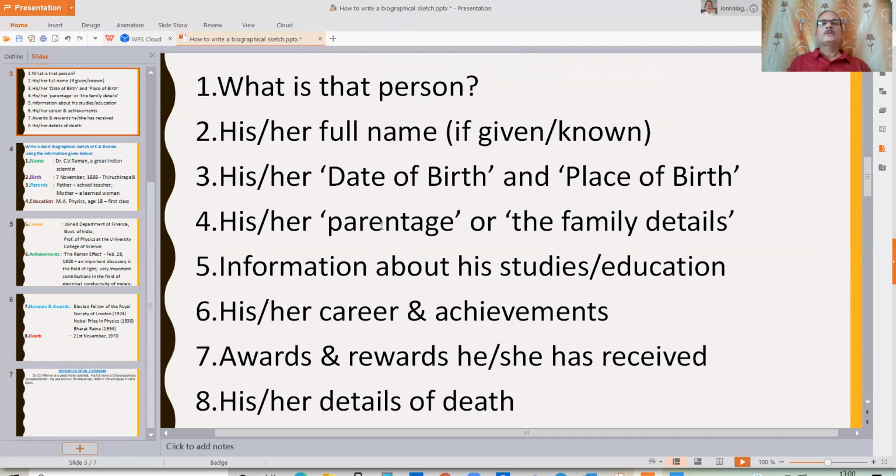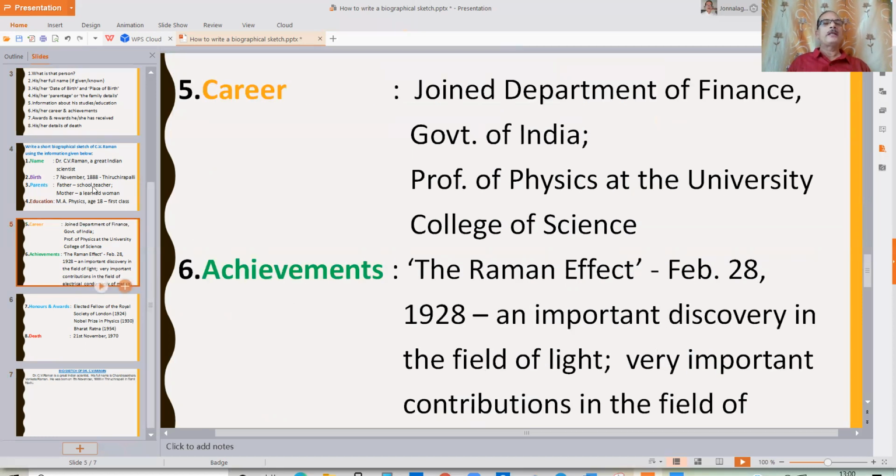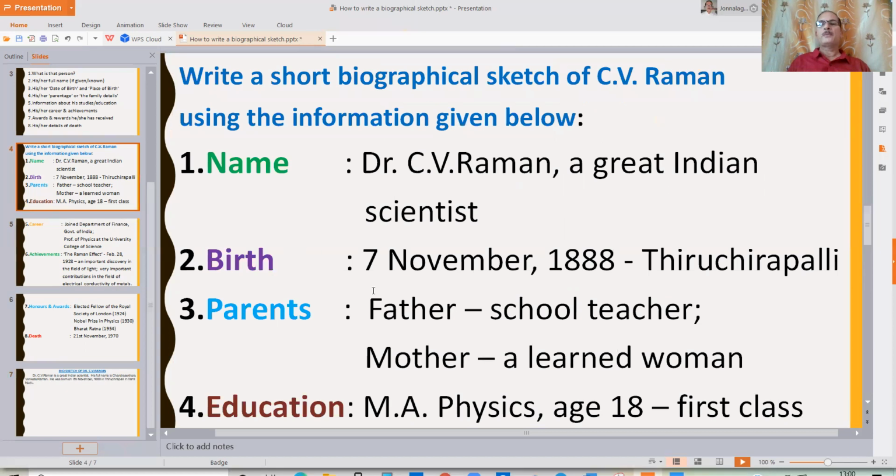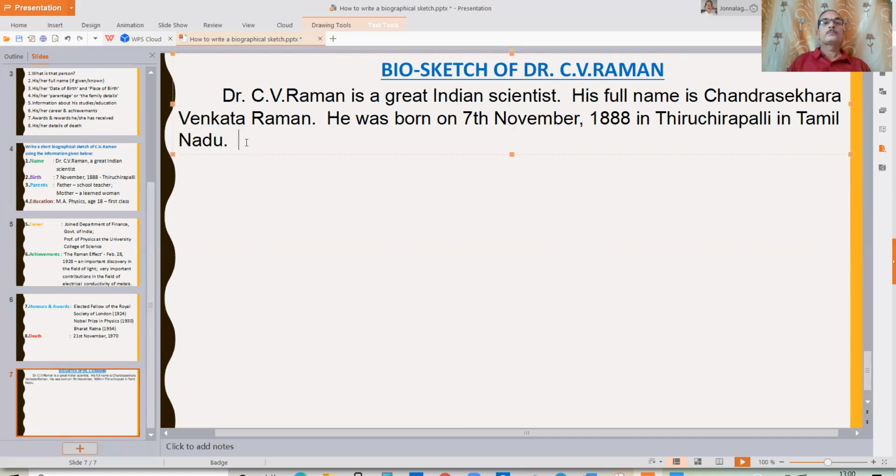Next, parentage or the family details. That means details about his parents. What are the details given about his parents? Father, school teacher. So what do you write here? His father was a school teacher.